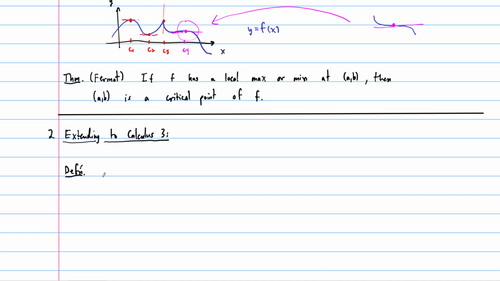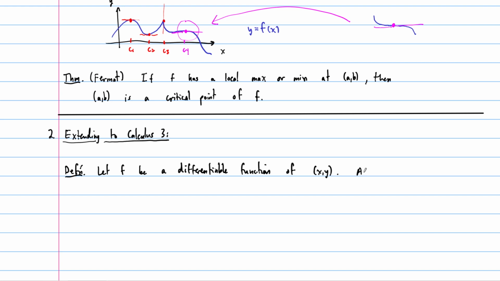Okay. So here's our definition of a critical point. Remember, we have a gradient vector now, right? So let f be a differentiable function of 2 variables, x and y.